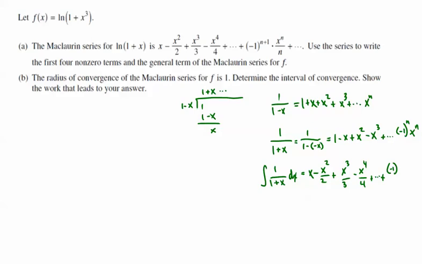We'll come back to that exponent in a second, and we have x to the n over n. Now, in order for the first term to be positive, since we're starting at 1, we'd have to start at n plus 1.